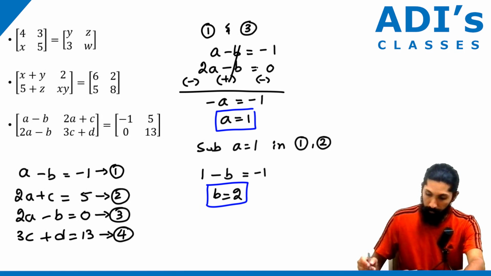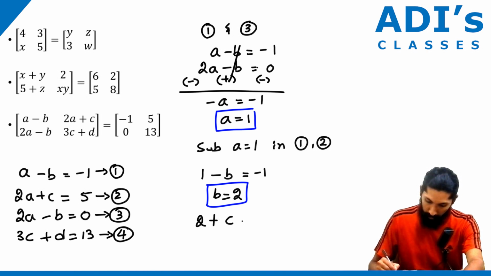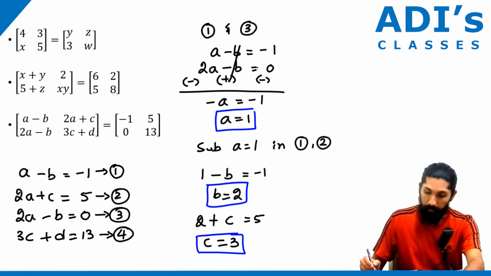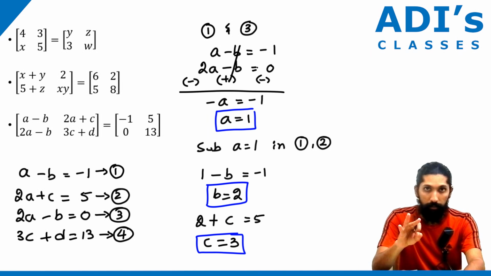B value is 2. Now let's do for c. So for the c, you substitute in equation 2. 2 plus c is equal to 5. C is equal to 3. So you got the value of c as 3. Now you need to get the value of d, right? So for d, you take equation 4. C value is 3, correct?